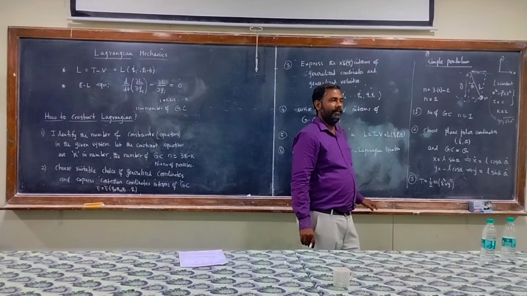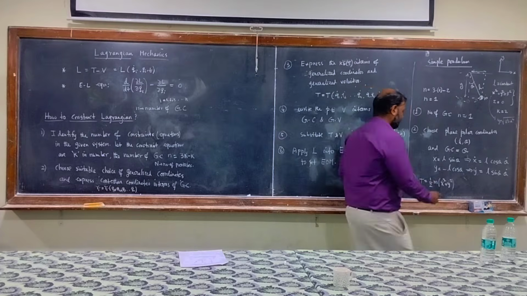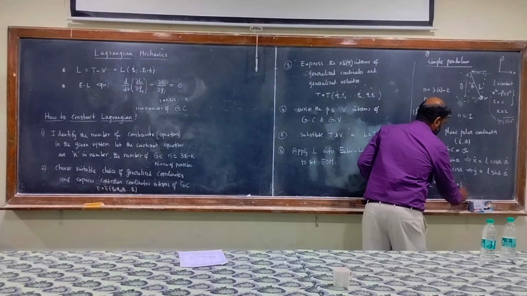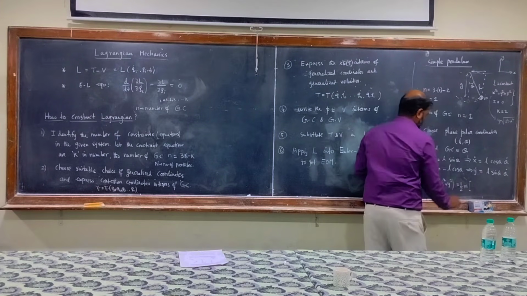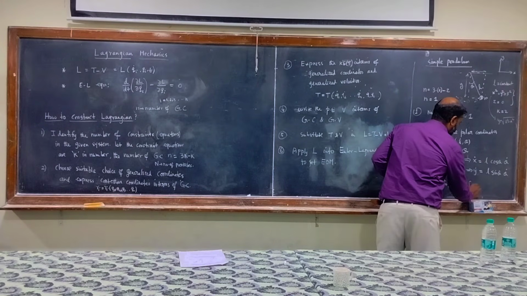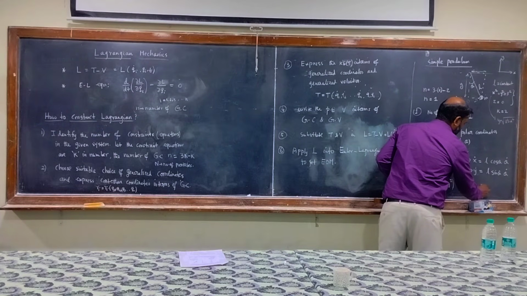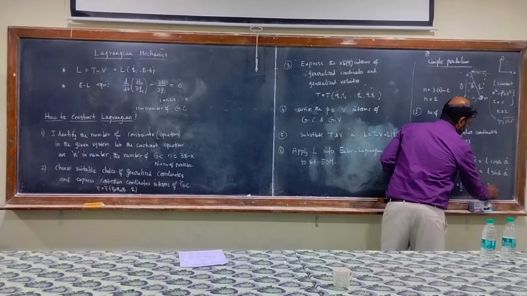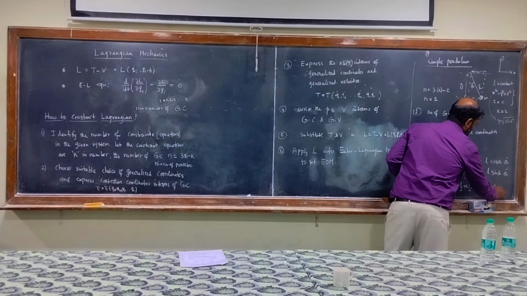Yes or no? So now substitute. x dot square is L square cos square theta theta dot square, and y dot square is L square sin square theta theta dot square.